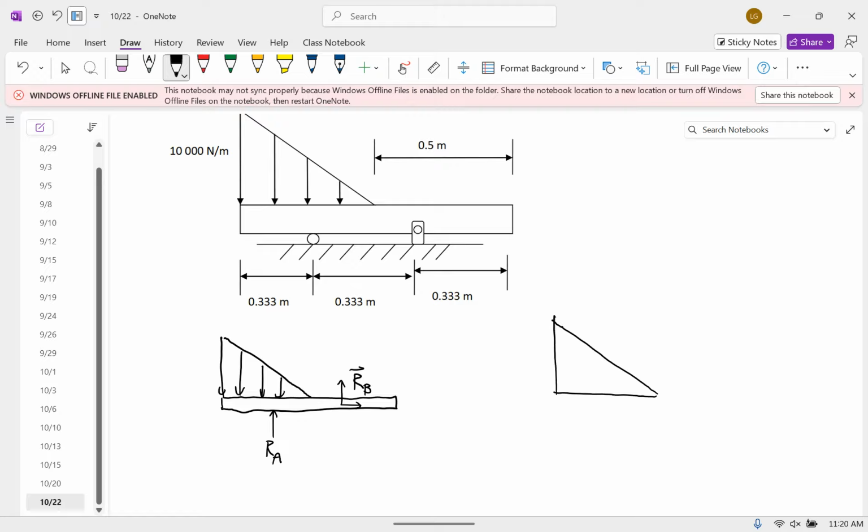magnitude of this distributed load. The centroid is a third of the distance from the edge to the point. The total length of this distributed load horizontally is 0.5, so this distance is 0.16 repeating.